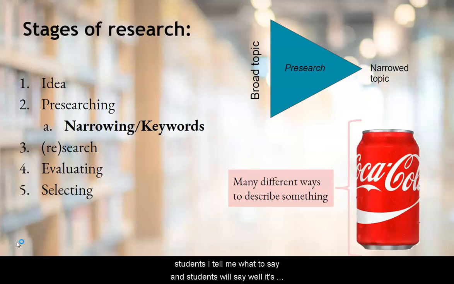Students will say, well, it's a Coke, it's Coca-Cola, it's a soda, it's pop, it's a carbonated beverage, it's red, it's an aluminum can. One student even said diabetes in a can. So there are many different ways to describe the same thing, and by doing that pre-search process, we can identify the many alternative keywords that are relevant to our particular topic.